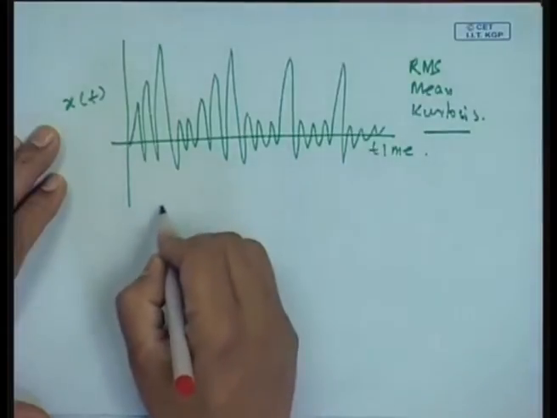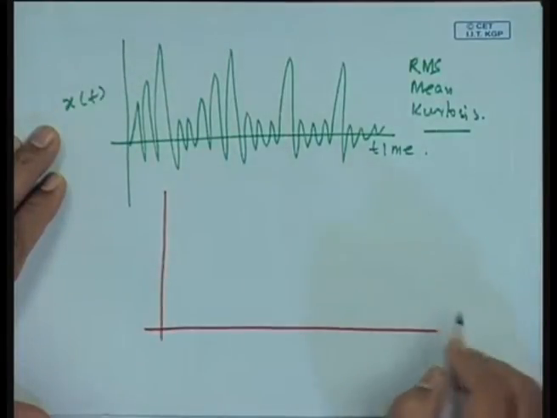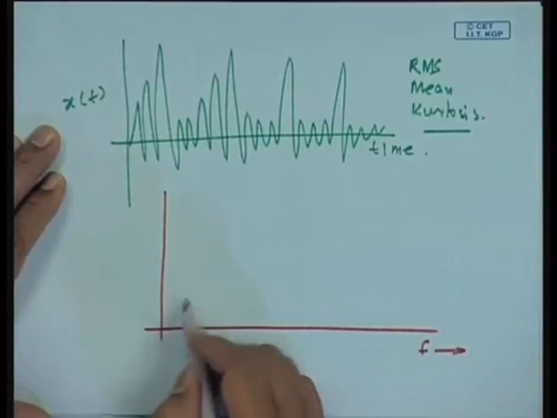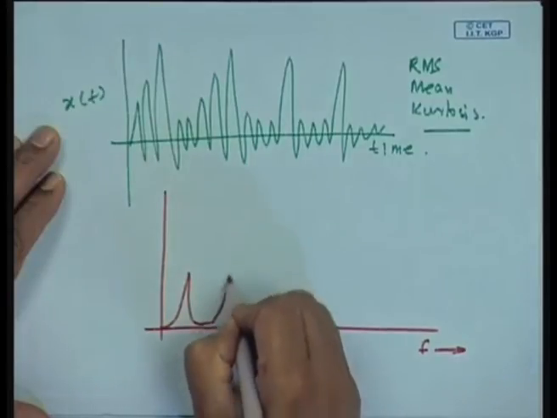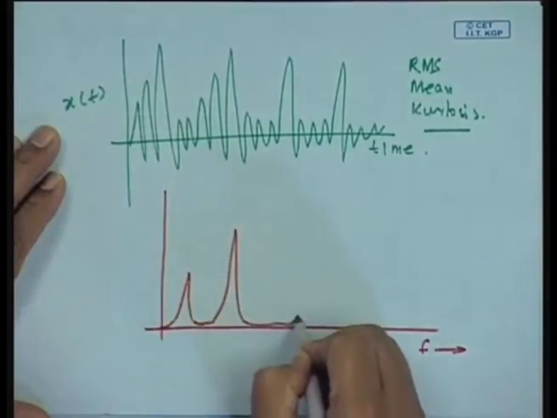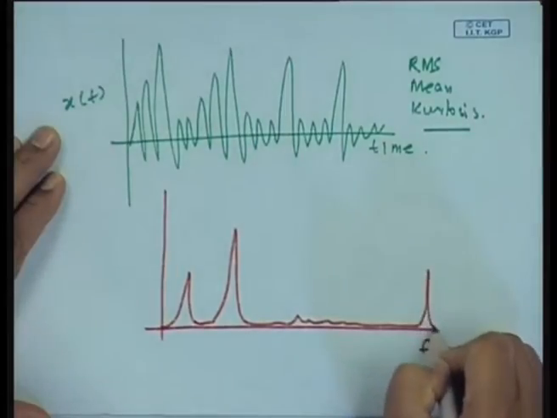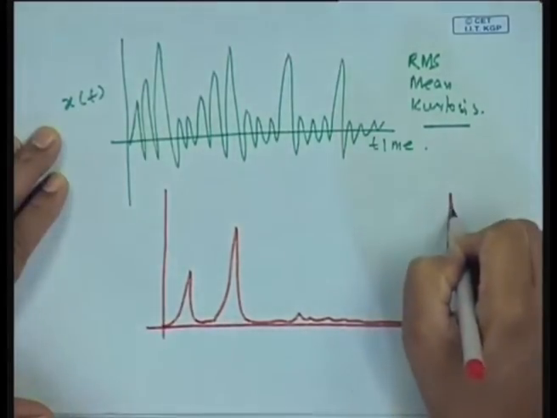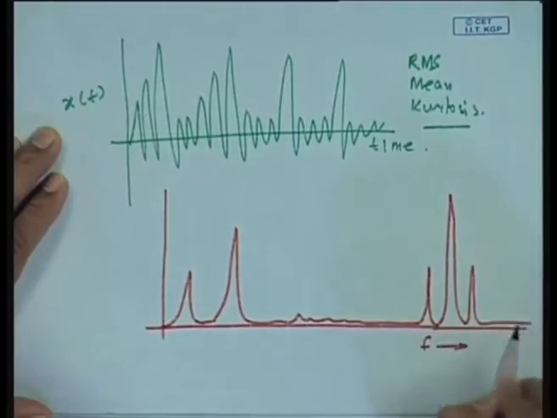But if I do an FFT analysis, what is going to happen is I may see an 8 hertz signal, 20 hertz signal and a few other signals, and this is very, very important.